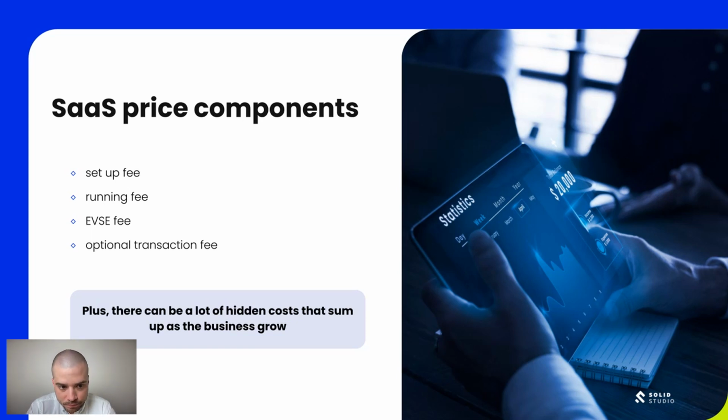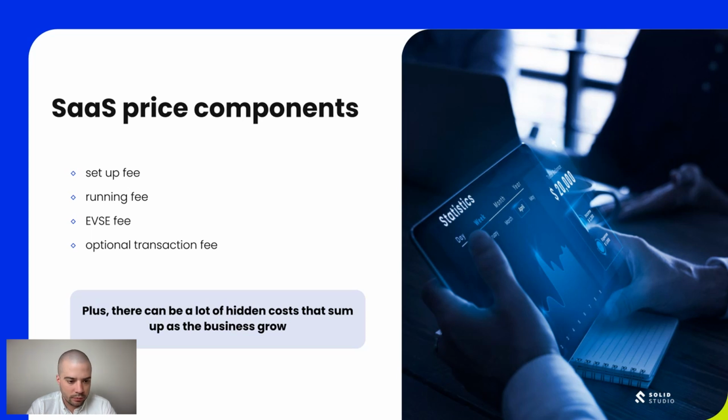Last but not least, a price component here is the transaction fees. This is not always true, but we see more and more providers getting some transaction fee for each CDR that's generated in the network. We can't also escape the topic of additional and hidden costs.